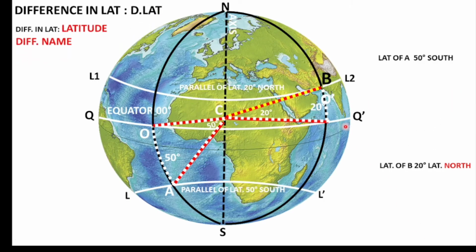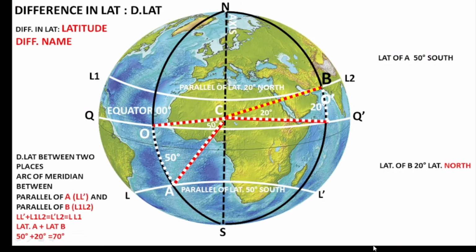The difference in latitude here, the names of the latitudes are different. One is north, one is south. As we said, it is the arc between the two parallel of latitudes. So the arc between the two parallel of latitudes would be from here 50 degrees to 20 degrees. That means the total arc will be 70 degrees or angle will be 70.